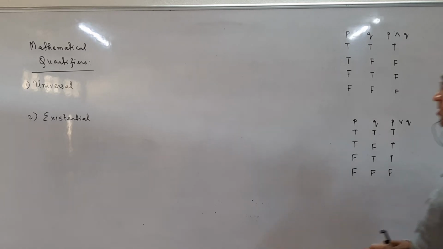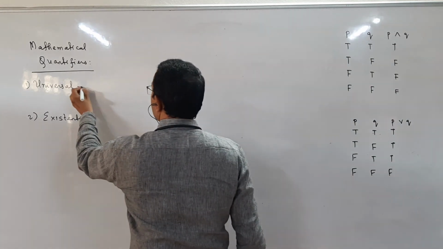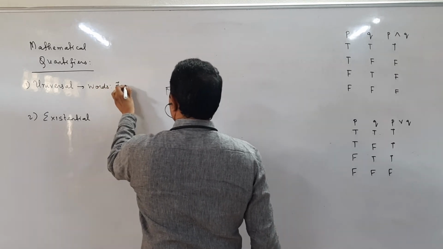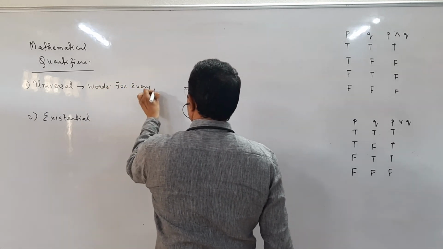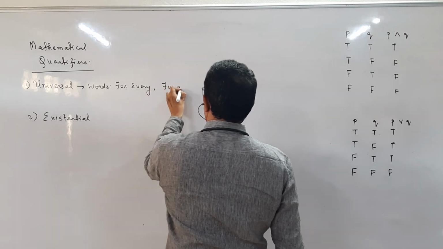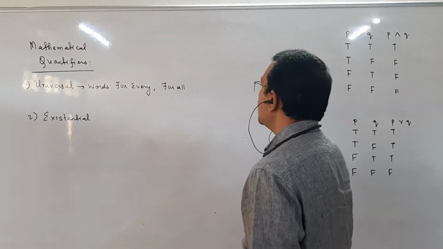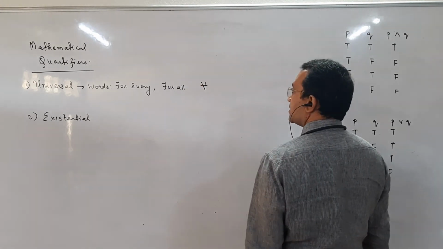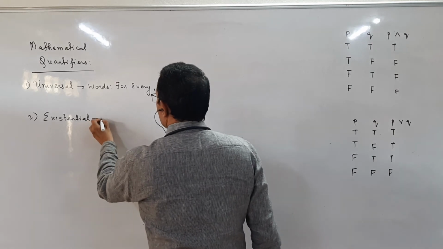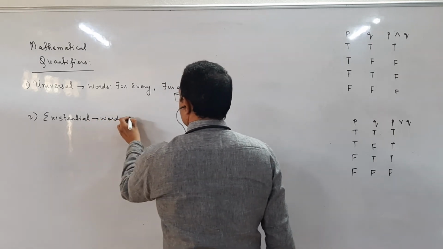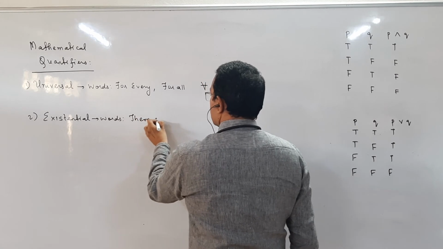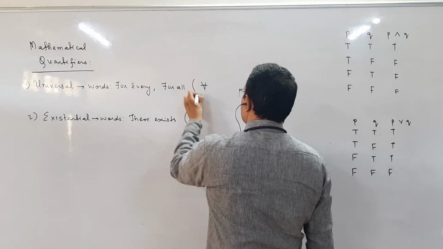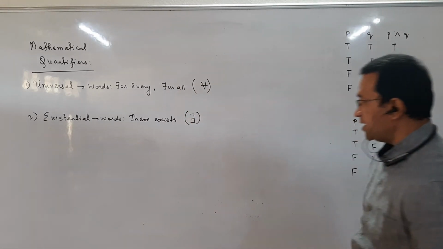Universal quantifiers are understood by the words or phrases for every, for all. Symbol of universal quantifier is inverted A. Existential quantifier is understood by the words there exist, and the symbols. The symbols are not given in the textbooks, so students you can easily understand.